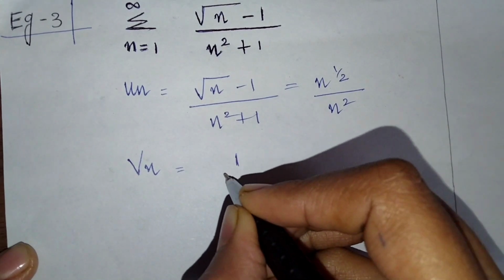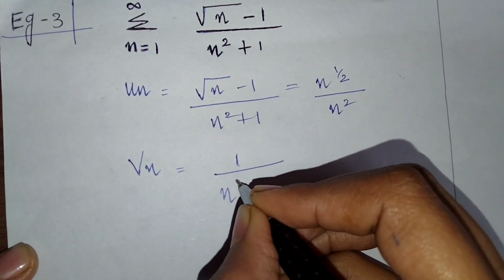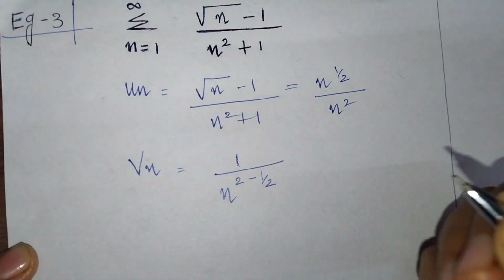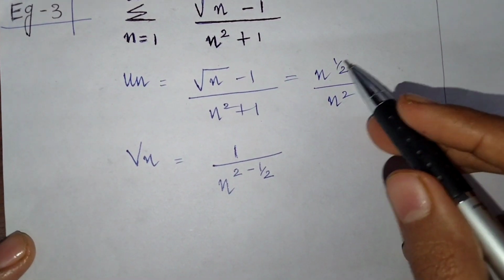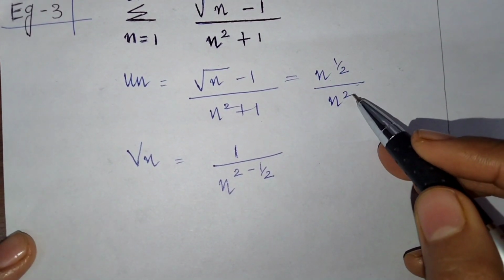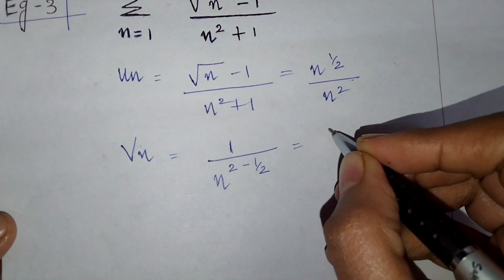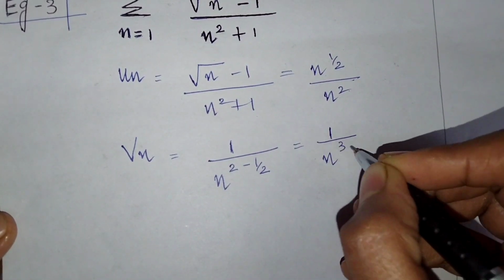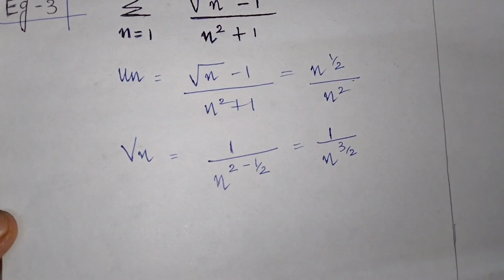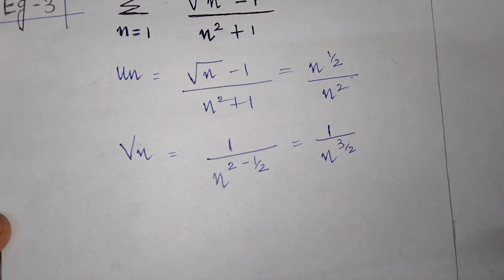So we can write vn equal to n raised to 1 by 2 minus 2. If we take this term in the denominator part, then we will get this term, and it means that our vn is n raised to 3 by 2. So we got un and vn.